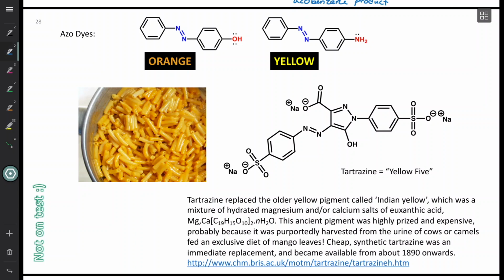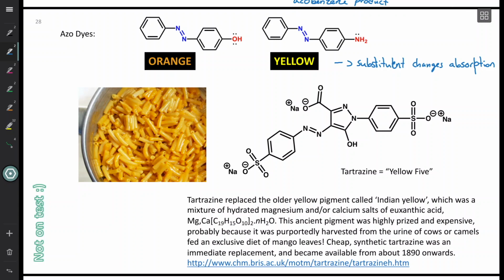So that substituent will affect what colors the dye emits and also absorbs, right? So it'll change its color.